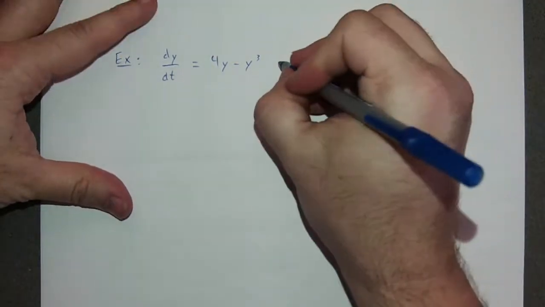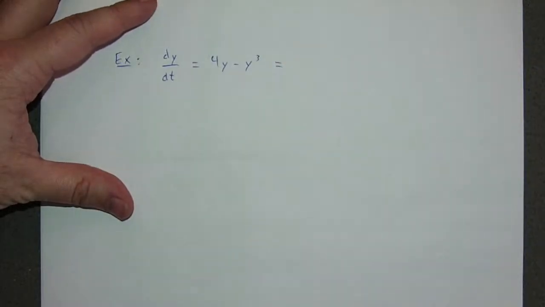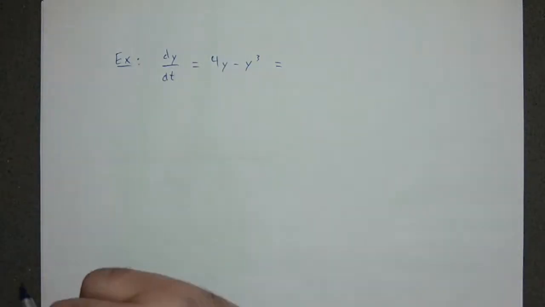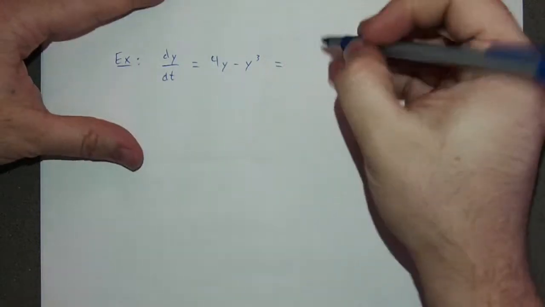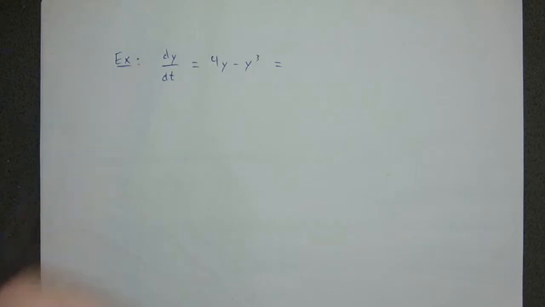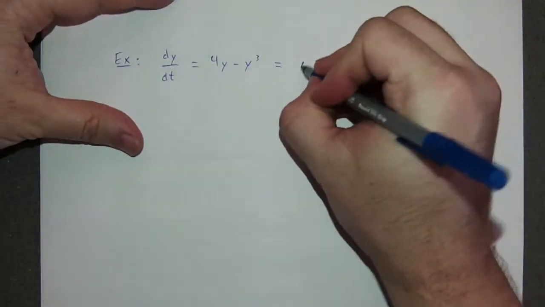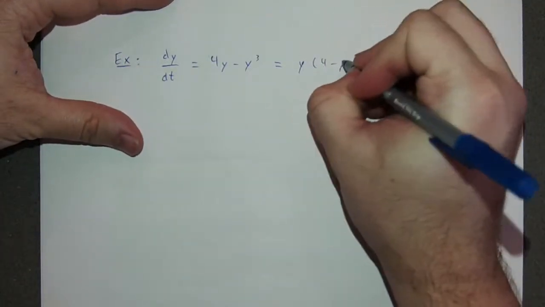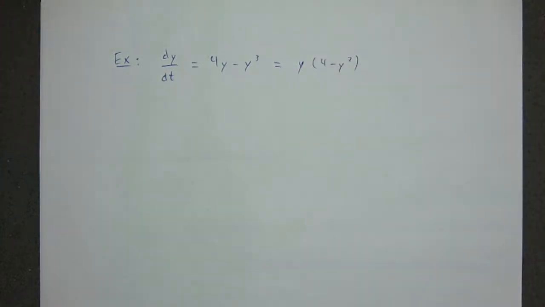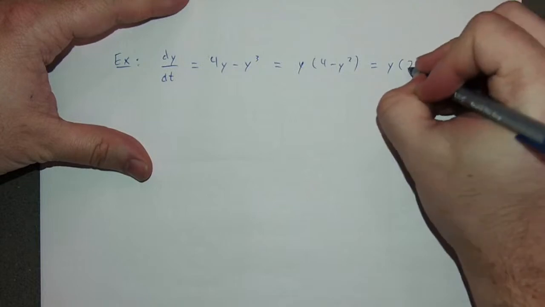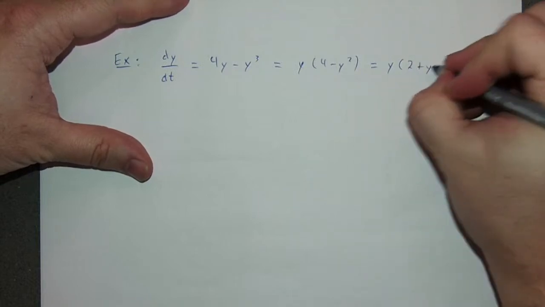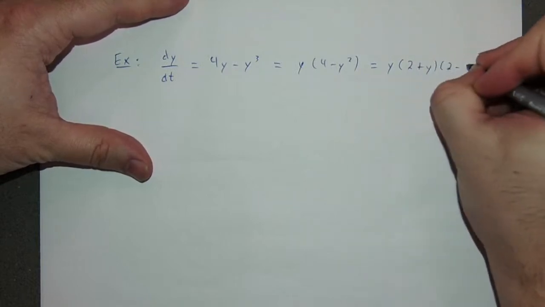You might notice that this right-hand side is not given to us in its factored form, but I can go ahead and factor it. This is y times 4 minus y squared. 4 minus y squared factors further, so this is y times 2 plus y times 2 minus y.